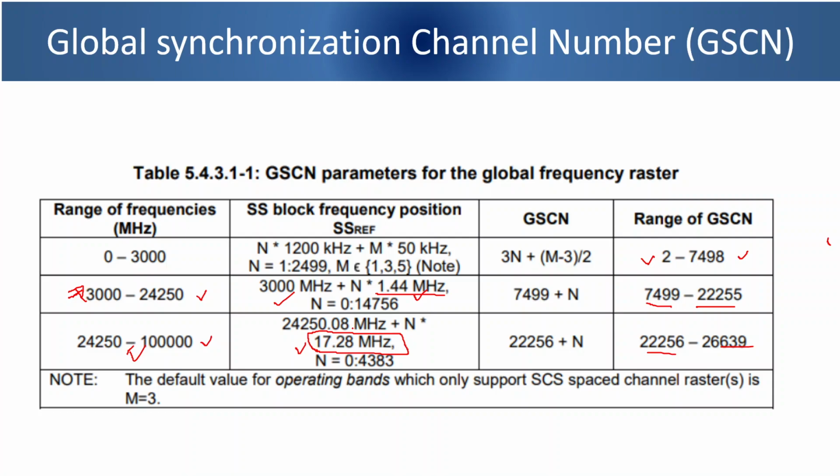I'll show you how it comes out, where M is 1, 3, or 5, and N is from 1 to 2499. For every frequency band, those N values are also defined. Let me show you that Excel sheet so that it becomes clear to you.